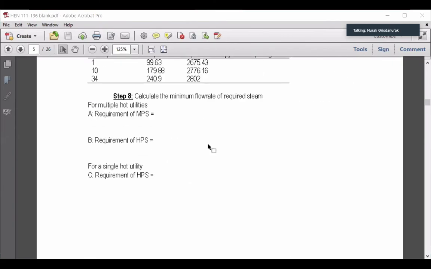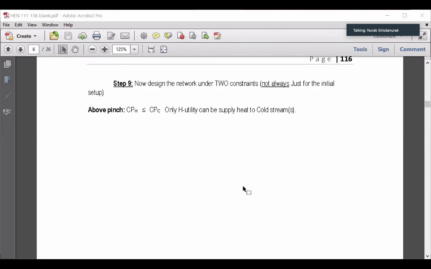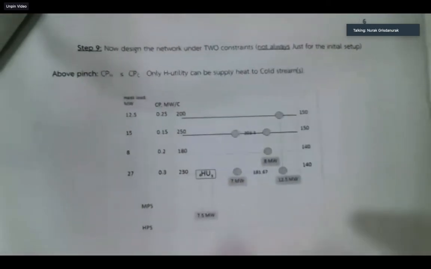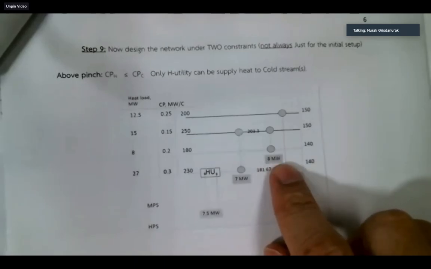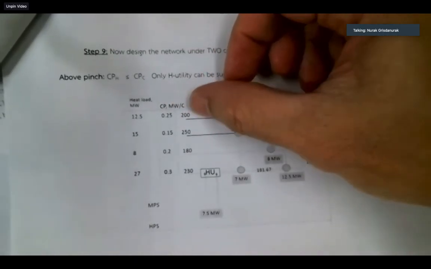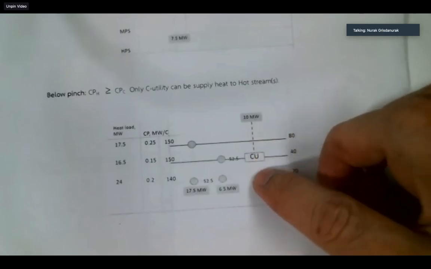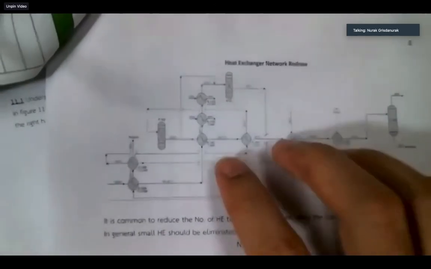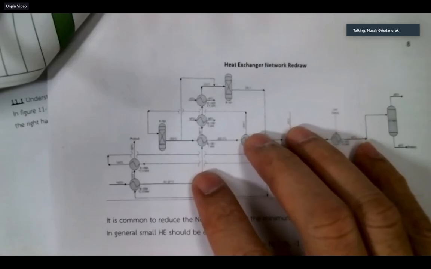You have to draw the network from stream 1 to H1, H2, C1, C2, but it's difficult, so that's why we teach this way. You have to draw above pinch and below pinch and then combine them together, and when you combine them together you can draw this whole new network.